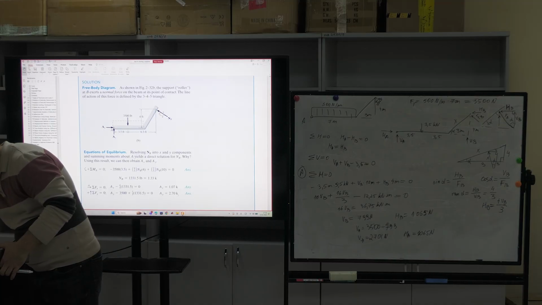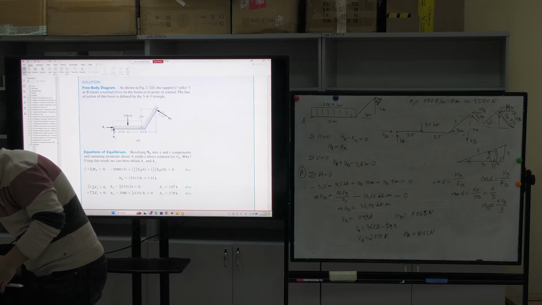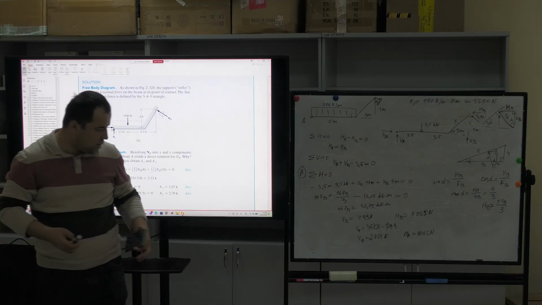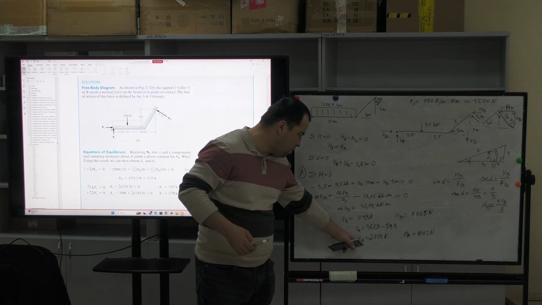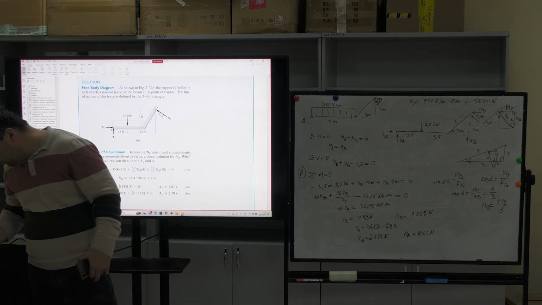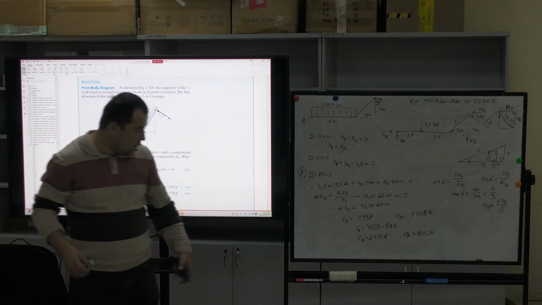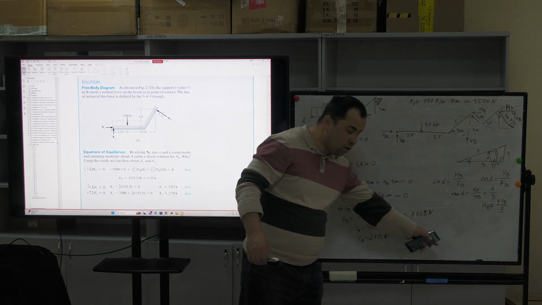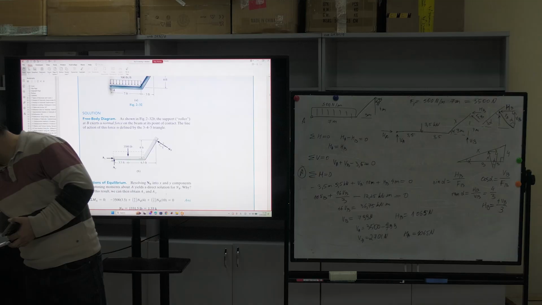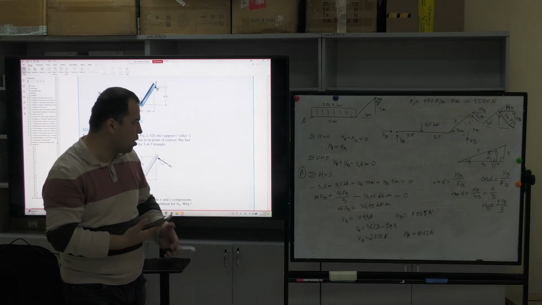The solution is almost the same. Force FA. This Y is the vertical force in my case. VA, something like this. Horizontal force is around 1063. It's almost the same. Okay. So I didn't make any mistake. I think it should be okay.